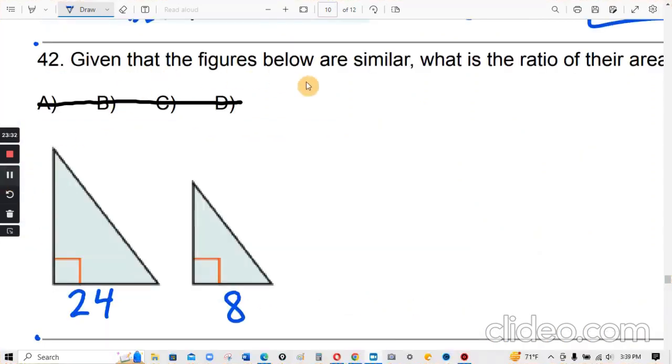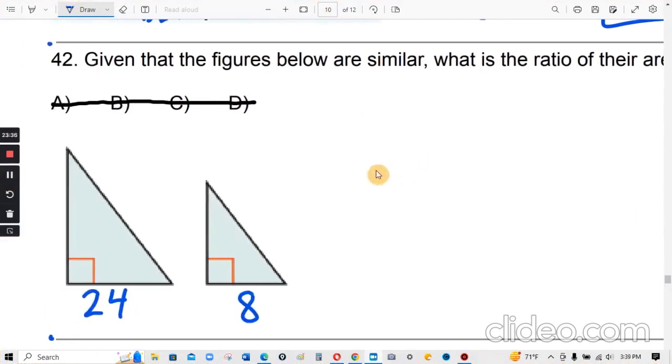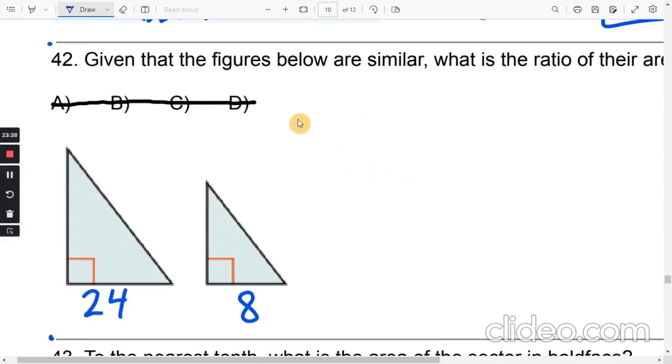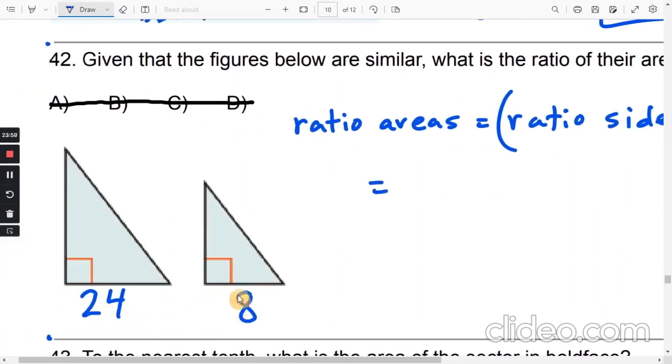Given that the figures below are similar, what is the ratio of their areas? Okay, the ratio of the areas equals the ratio of the sides squared. All right, so the ratio of the sides, we can see the side lengths is 24 to 8.